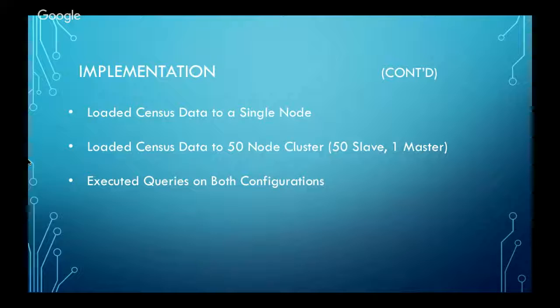You want to load the census data into a single node, or you can load the census data into the 50 nodes, the 50 states, if you will, and we execute queries on both configurations.